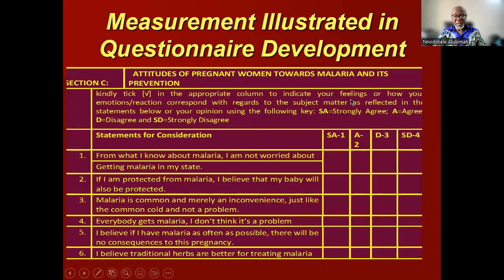Feelings has to do with emotion and attitude. So don't put how you think. Think is perception. So indicate your feelings, or how your emotion and reaction correspond with regards to the subject matter as reflected in the statement below.